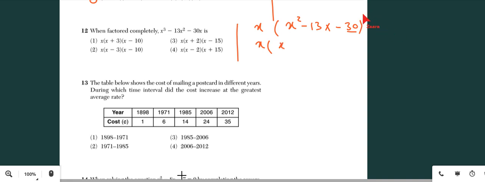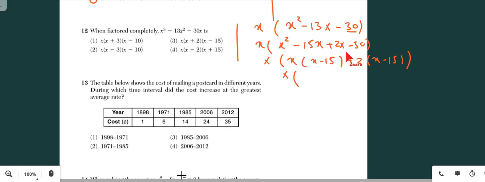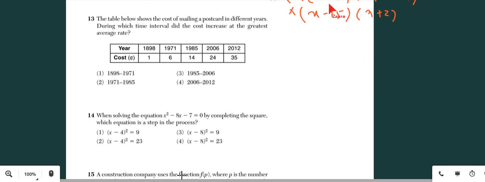So they would be x square minus 15x plus 2x minus 30. Further, if I take x common, I will get x minus 15. By taking 2 common, I will get x minus 15 again. Now x minus 15 is common, and x plus 2. So we are getting these factors: x, x plus 2 and x minus 15. Is it clear? Yeah. Okay.